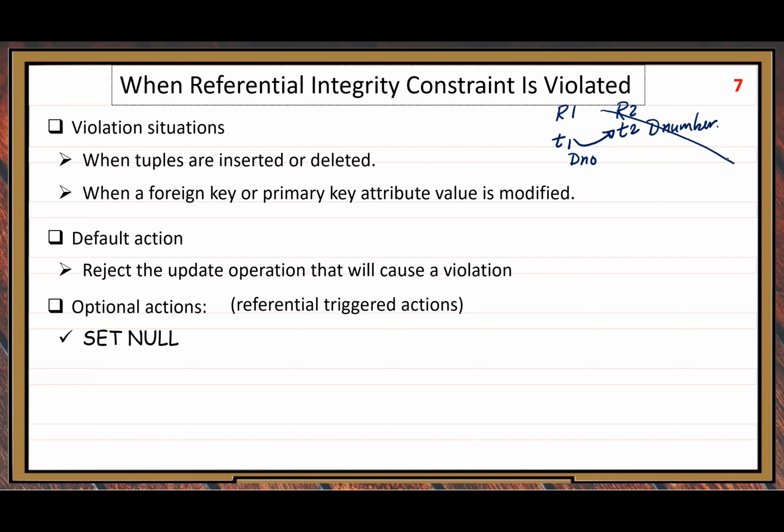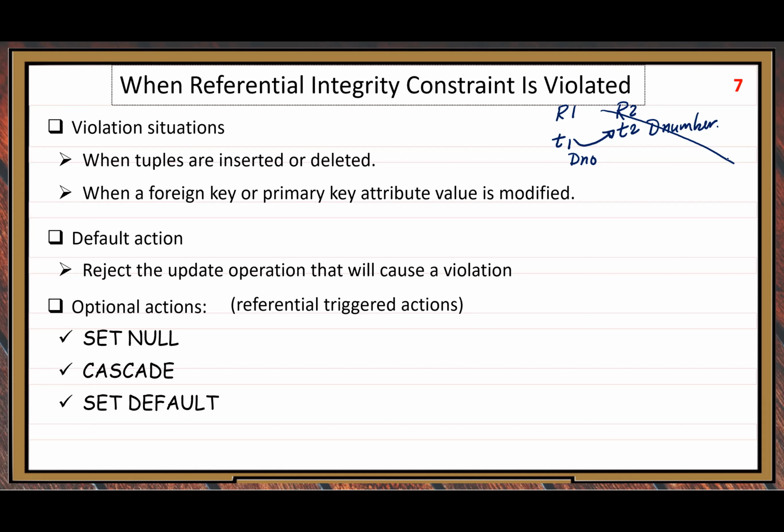For example, if the primary key tuple is gone, then for the foreign key field, you set a null value. The second, cascade. For a modification, you do the change in a cascade way. We will explain these options in the following slides.